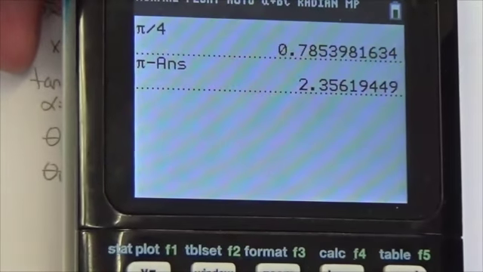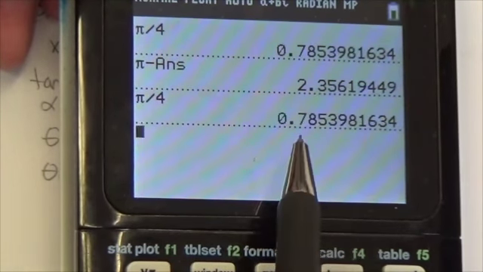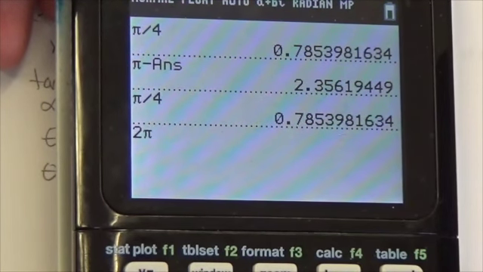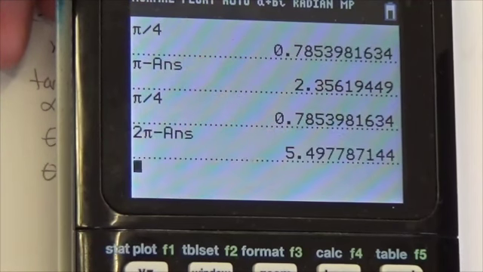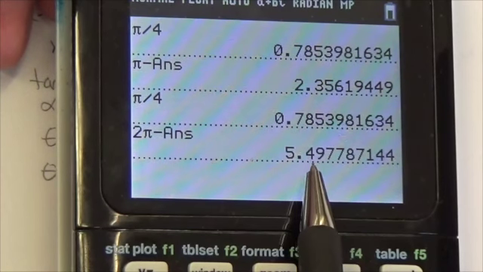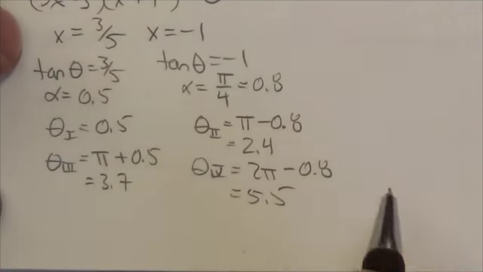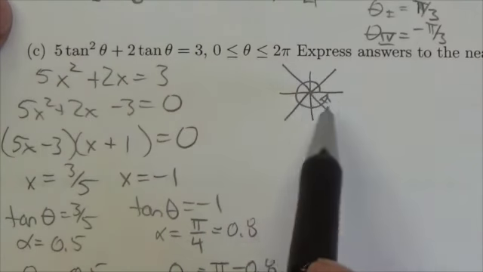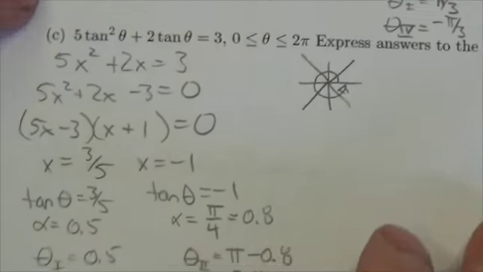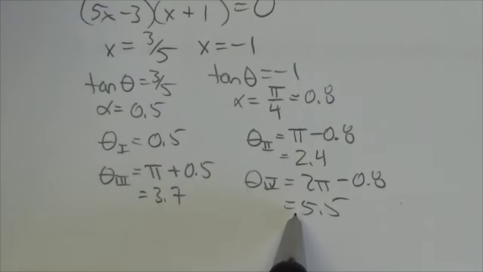Now I want to pull that pi over 4 out again, and then do 2 pi minus that reference angle. 5.49 and so on, but I'm going to round it to the nearest tenth, 5.5. I can see that I've got 4 terminal arms crossing that domain, 4 points of intersection, 4 solutions: 0.5, 3.7, 2.4, 5.5.